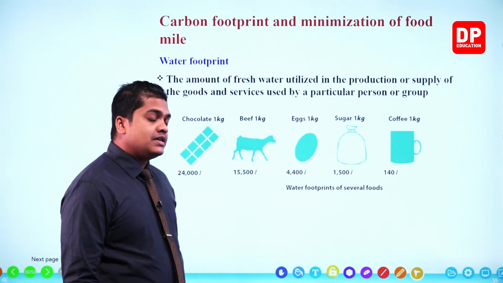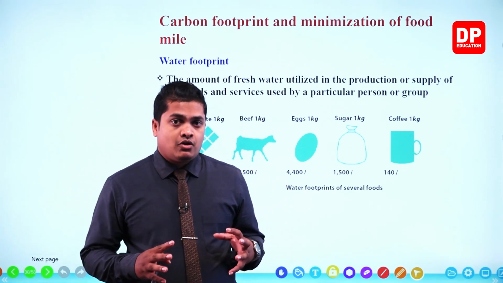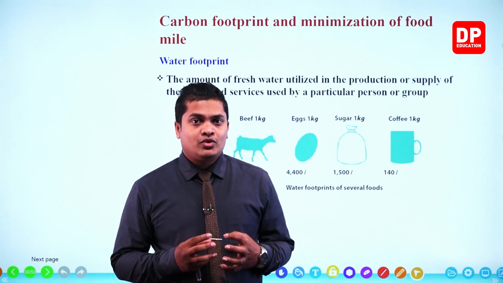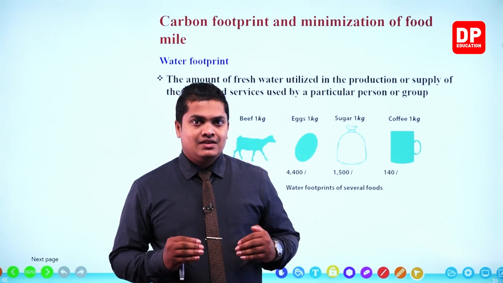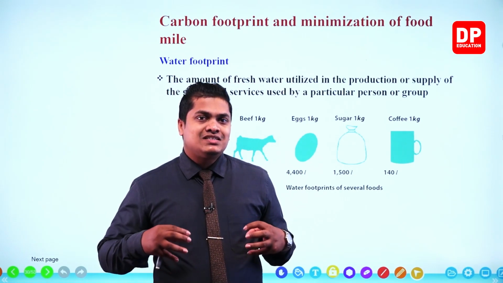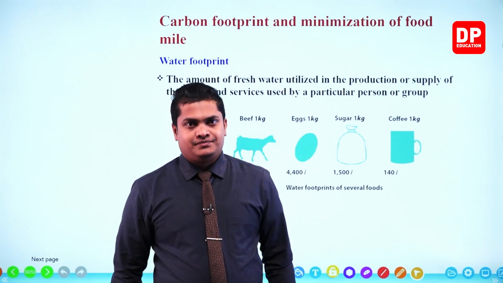So here, my dear children, we are going to focus on the amount of water which has been utilized in making a certain product or in providing a certain service to the people.